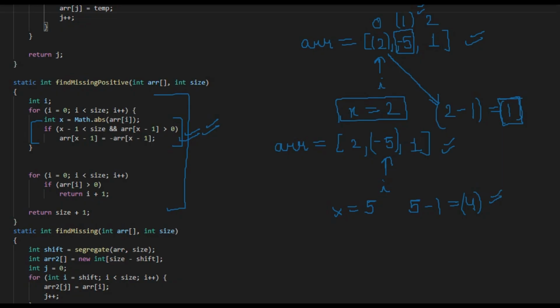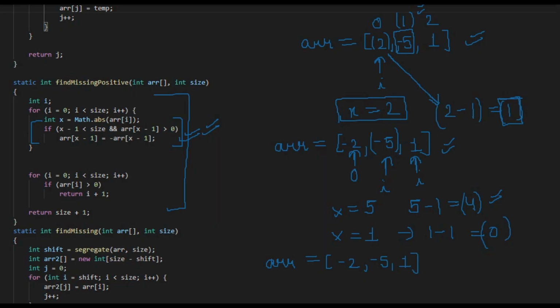But it is not present, as we have only 0, 1, 2 indices. So we will move forward and now i will point at 1. So x equals 1, and we check the same if statement: 1 minus 1, which is x minus 1 equal to 0, and the 0th index is present in this array. So we will go to the 0th index and make its value negative. Right? At the end, we have this array: -2, -5, and 1.